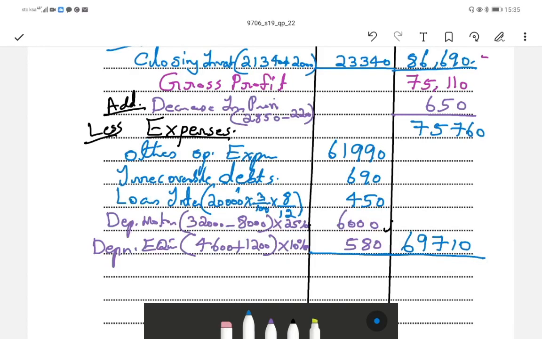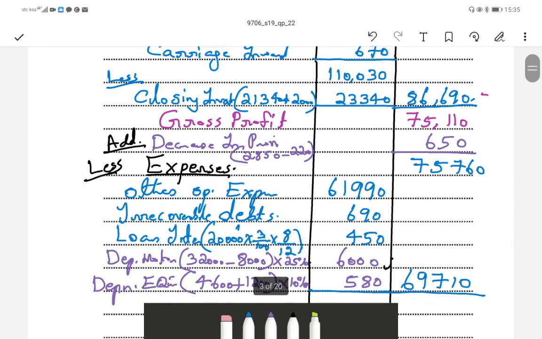So this expense we have to deduct from what we got after we added the provision for doubtful debts, 75,760 minus 69,710.